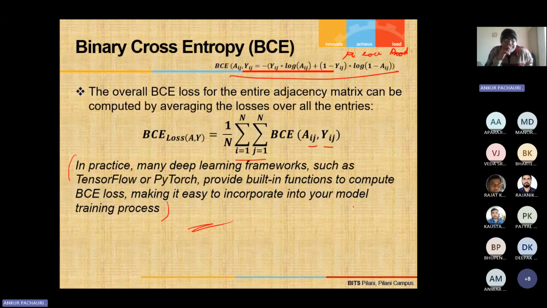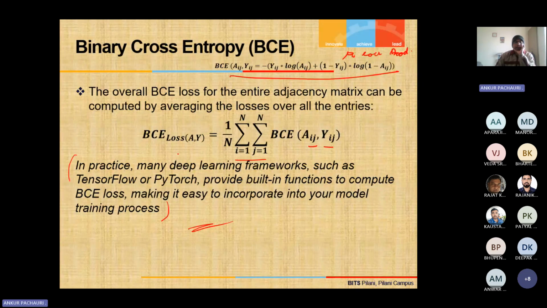So the overall BCE, binary cross entropy loss for the entire adjacency matrix can be computed by averaging the loss of all the entries, for i equals 1 to n, j equals 1 to n, 1 by n, the summation of all those BCE for Aij and Yij.